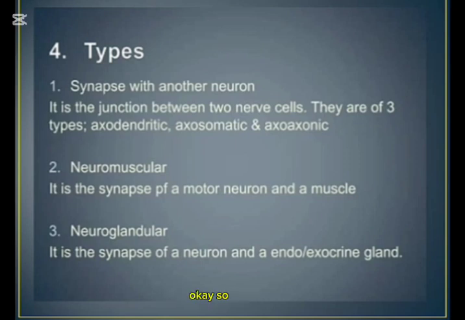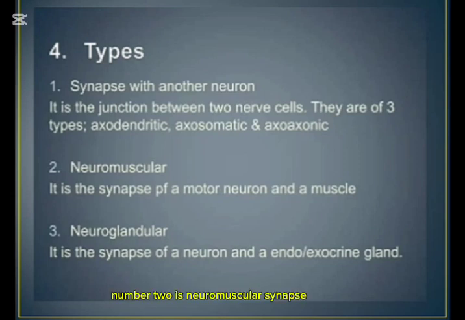Okay? So this type of synapse is a junction between two nerve cells, and they are sub-classified into three types. The neuronal synapses are classified into three types, which are the axodendritic synapse, the axosomatic synapse, and the axoaxonic synapse. We shall get to know all of these types of synapse as we proceed.